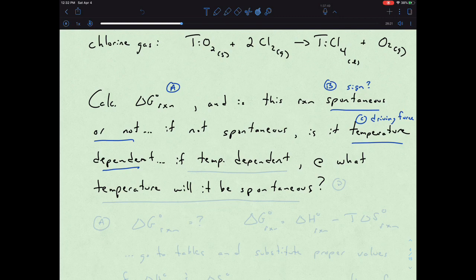And then if temperature dependent, what temperature will make it spontaneous? That might be part D: let's calculate a temperature at which we're at the cusp, where we can move from something that's non-spontaneous to something that actually is spontaneous.